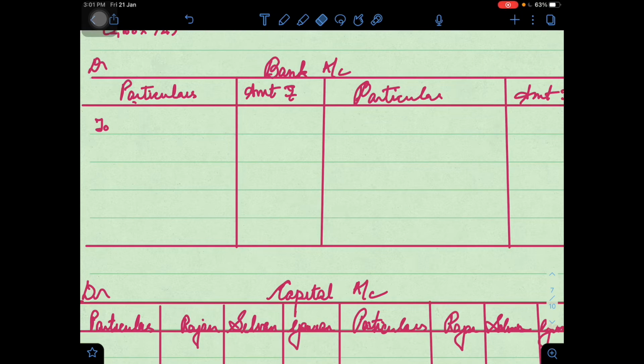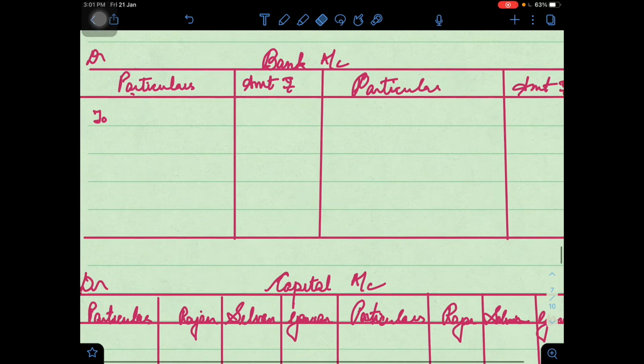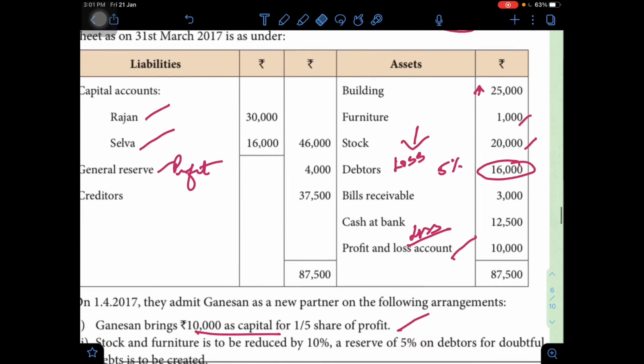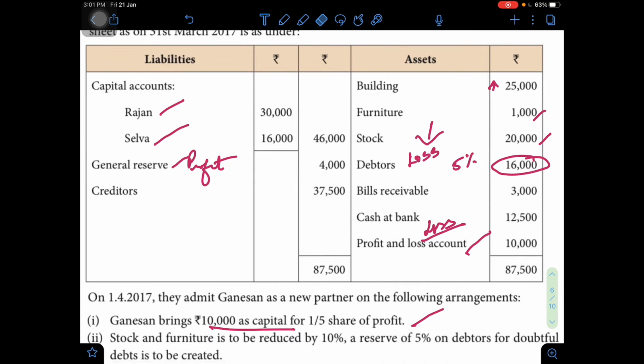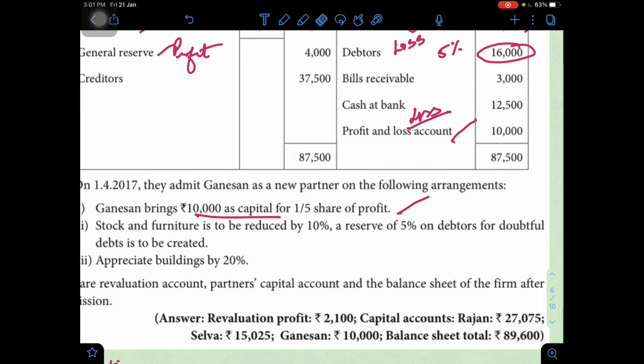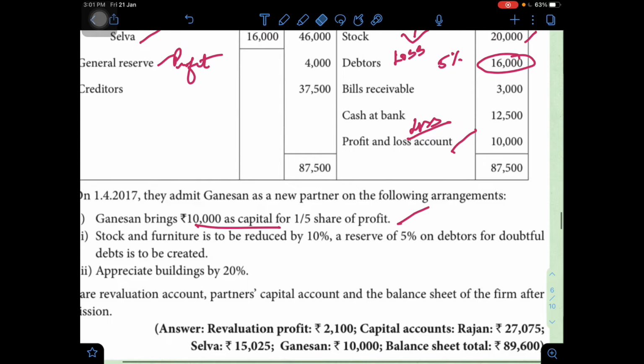Now I'm opening a second one, the bank account. From the given problem, it is always to be noted if there is any bank in the assets, and you can find one. Here, bank is showing 12,500.